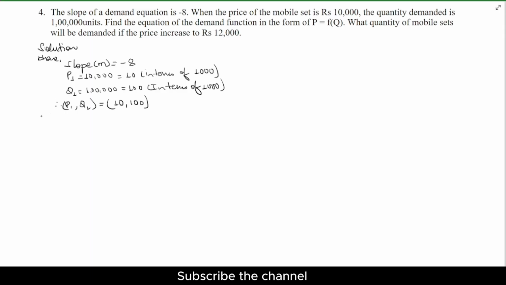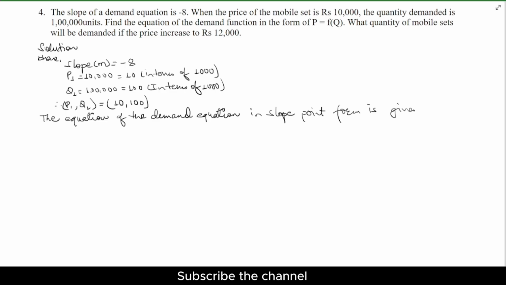Now the equation of the demand equation in slope point form is given by q minus q1 equals m times p minus p1.